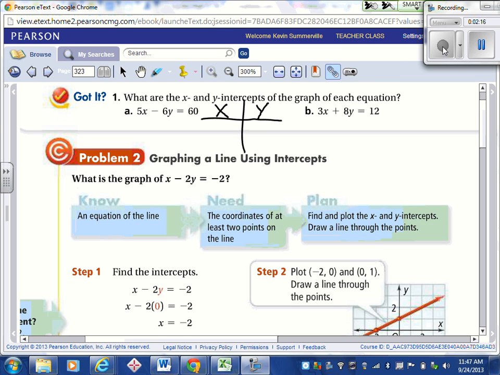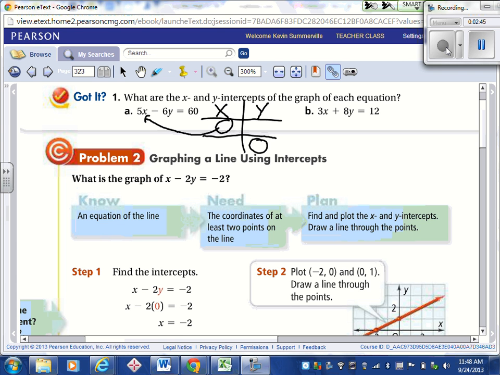And yesterday, we put a 0 in for X and a 0 in for Y. So in your chart, put a 0 in for X, draw a line, and put a 0 in for y. And then we're going to go back and solve that equation. So this 0, I'm going to put into the equation right there.